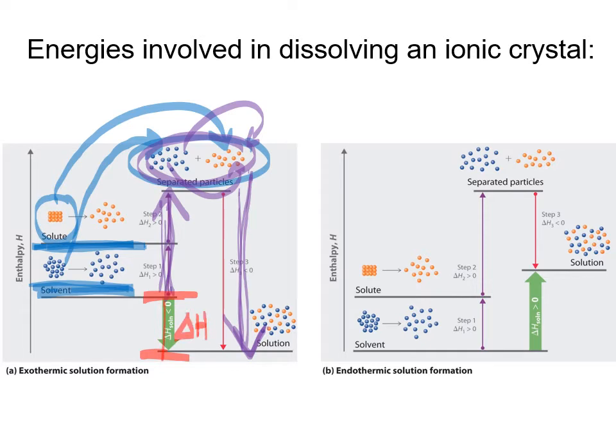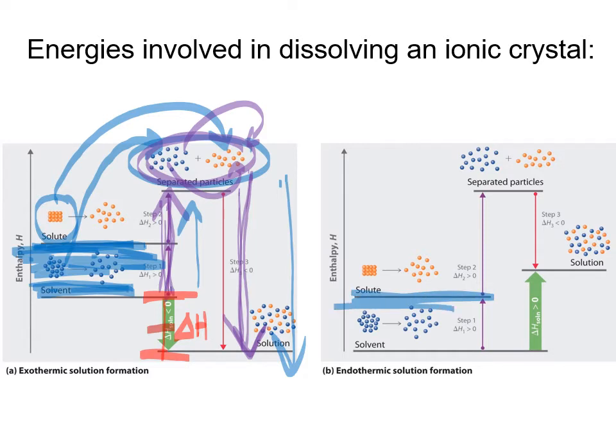Now, sometimes, imagine this is all one level of energy, you put in a certain amount of energy, and you get out more energy. In that case, you're going to have a negative delta H. But other times, you put in a certain amount of energy, as you always do, and you get out a certain amount of energy, but you've put in more energy than you got out.